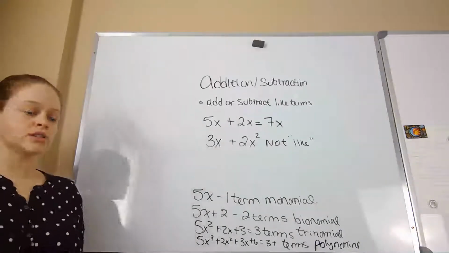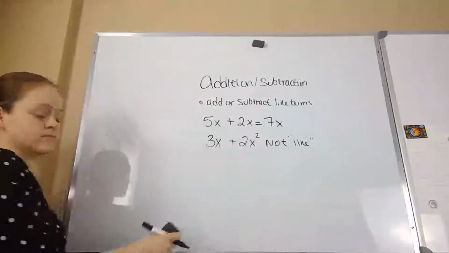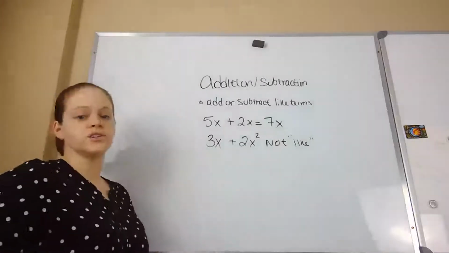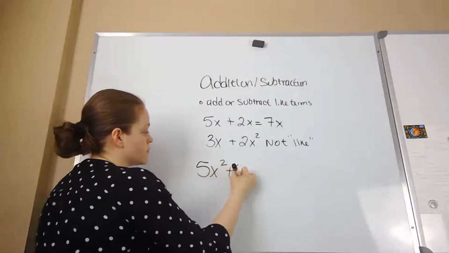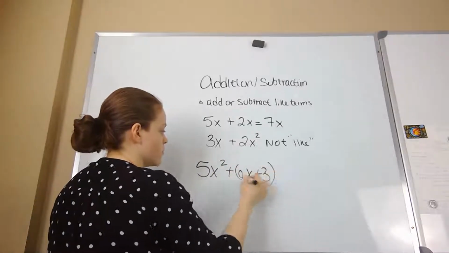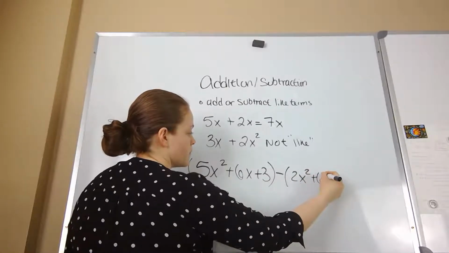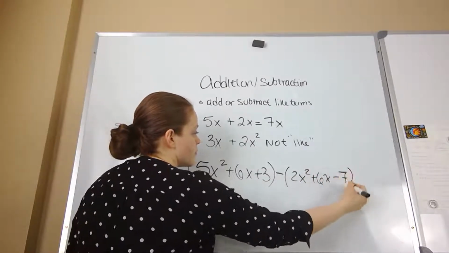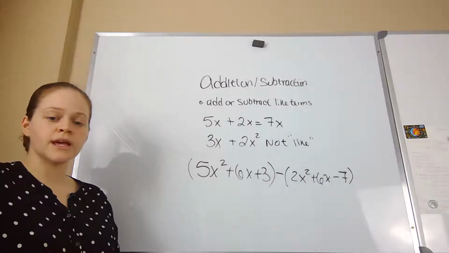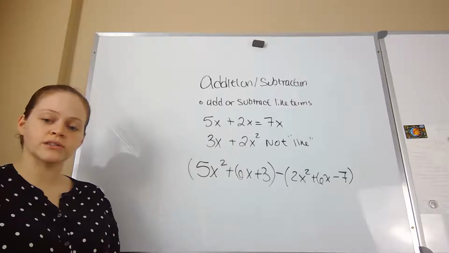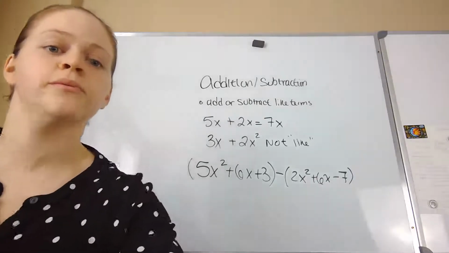A lot of your questions are now going to say combine like terms, simplify, whatever. So maybe you end up with something like this. I'm going to give you a second to try and subtract that and combine the like terms together.